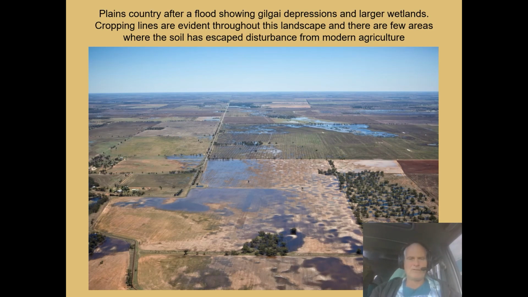And this is the kind of classic plains country where Senecio bayerianus occurs. You can see this is after the 2011 floods, and so you can see across the landscape all the gilgai depressions and larger wetlands. But you can also see in this image the cropping lines that are evident throughout the landscape. So this country's been heavily disturbed, and there's very little soil that's actually escaped disturbance from the modern European agricultural practices.